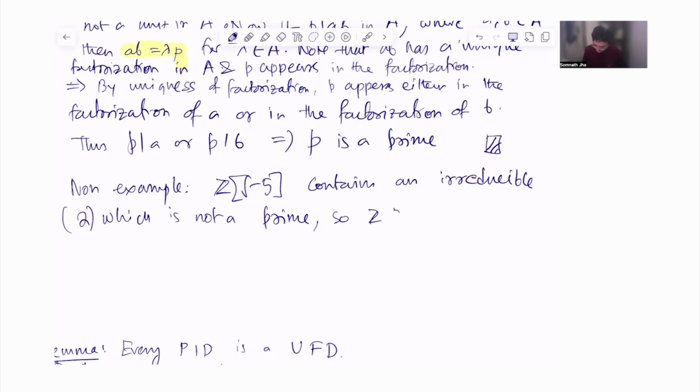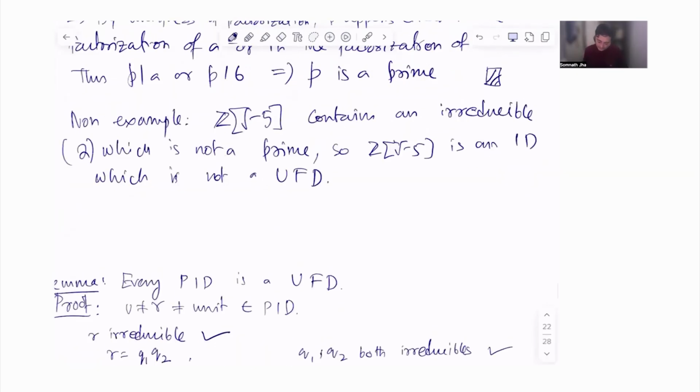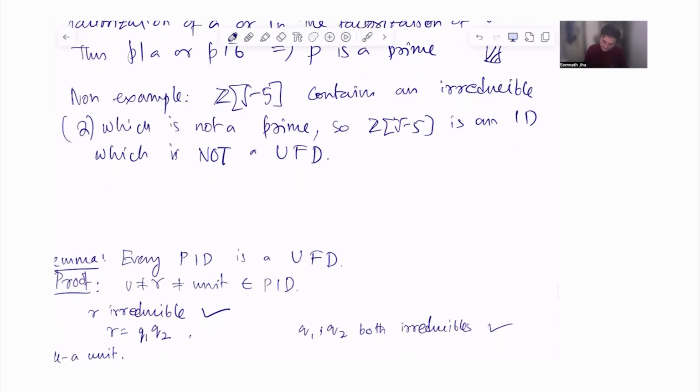So Z root minus 5 is an integral domain which is not a UFD. This is an example of a not a UFD. So every integral domain need not be a UFD.